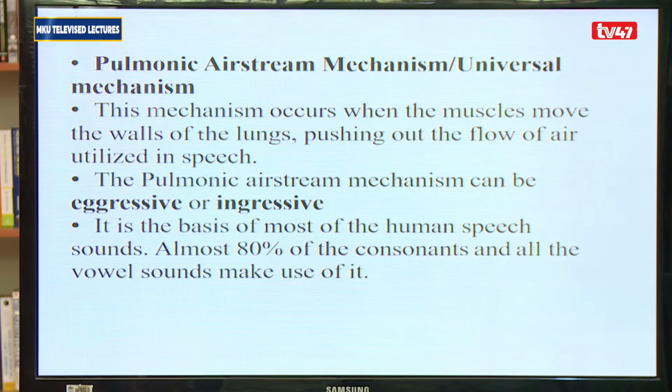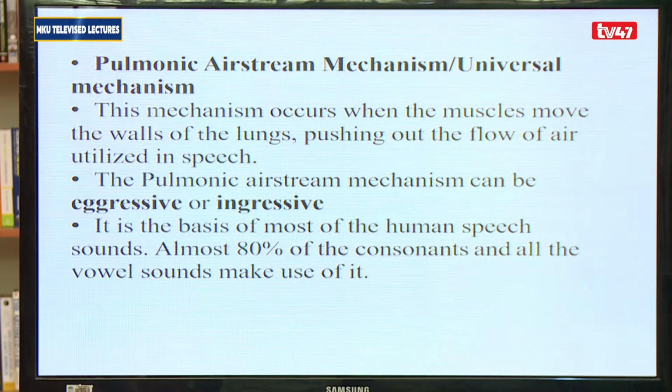We are going to look at each one of these and see how they influence our production of sounds. And we start with the pulmonic airstream mechanism. It is also referred to as the universal mechanism.